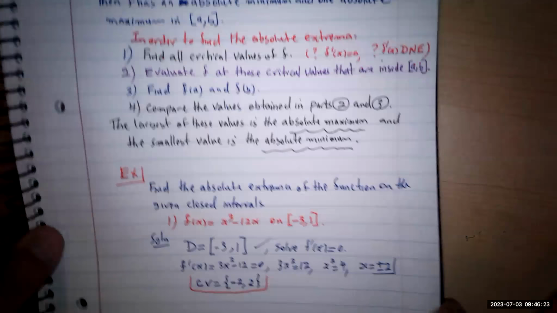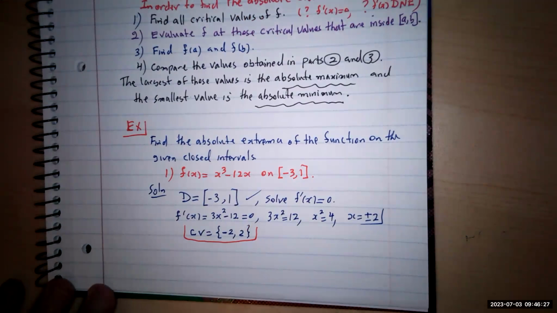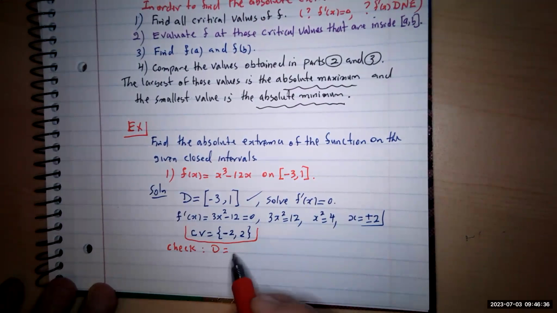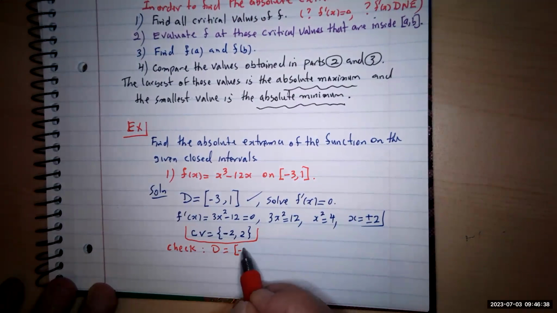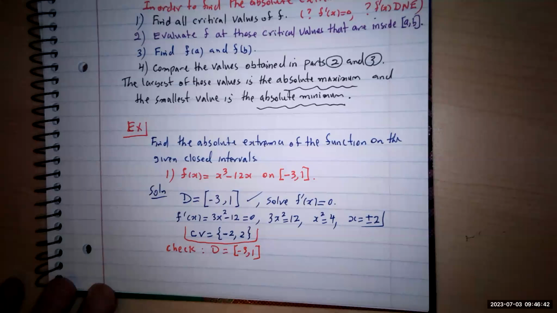But quickly check to see if you are going to have them all. Check with your domain. What is your domain? Domain is [-3, 1]. You just have a look and check, but this is the first one I explained for you. You find out you have -2. -2, of course, is inside.